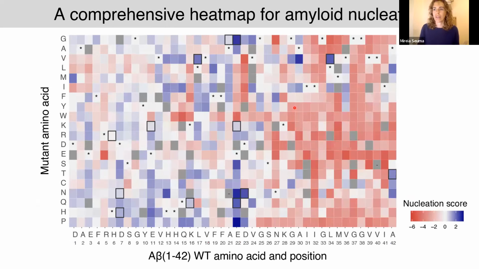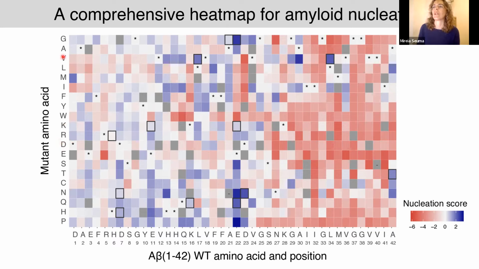And there are many other things that we can explain about this data. We could spend hours just describing interesting things here and there, and I'm just going to point out a couple of them. So for example, if you check what happens when we substitute two positive charges, they can increase nucleation, but this is a very different scenario from substituting two negative charges.